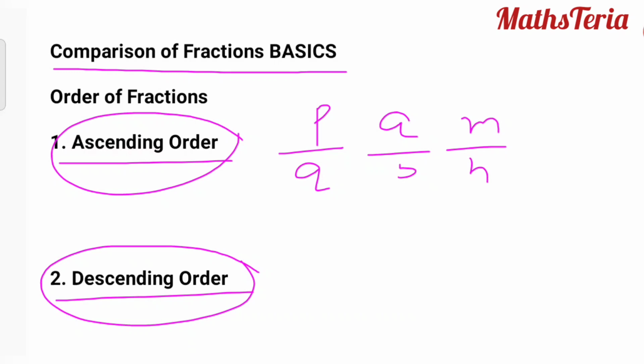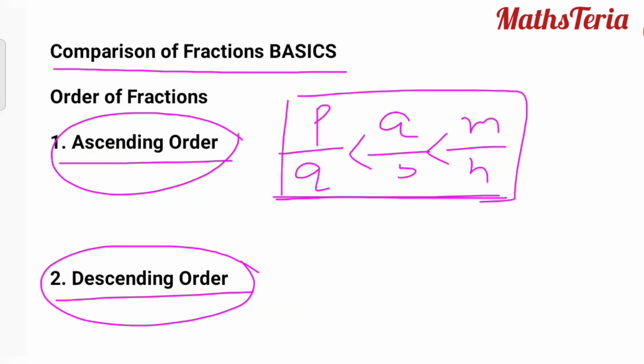p by q is the smallest fraction, a by b is greater than p by q and m by n is greater than a by b. Then we can write p by q is less than a by b and a by b is less than m by n. This is the order of increasing of fractions.